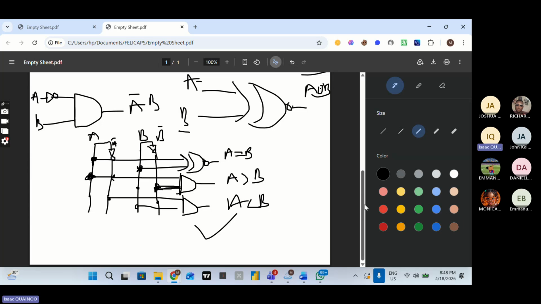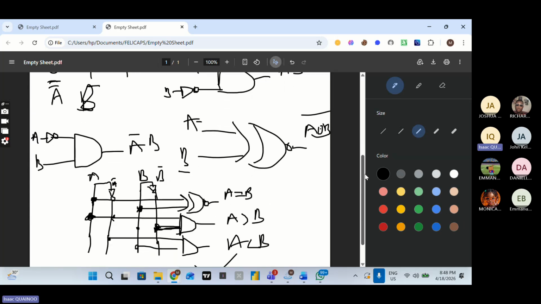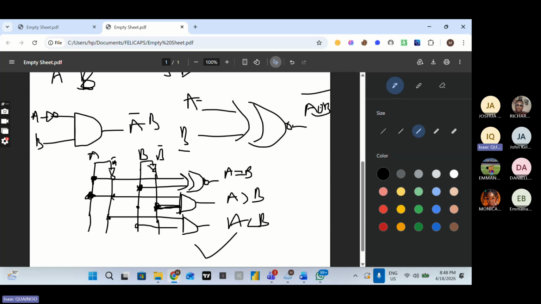And then for A is less than B, we know our A was A naught, so we took our A from A naught, and then our B was B, so we took our B from B. So that was where we took our inputs from to draw our diagrams.